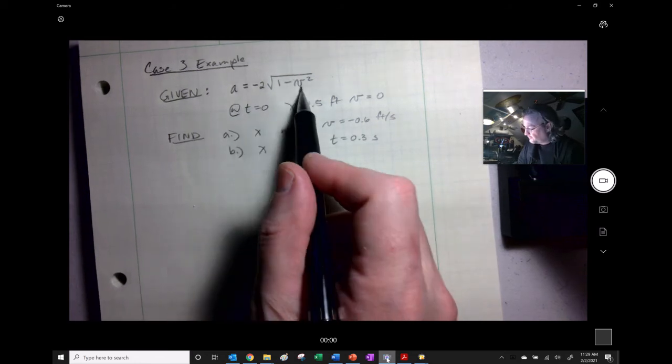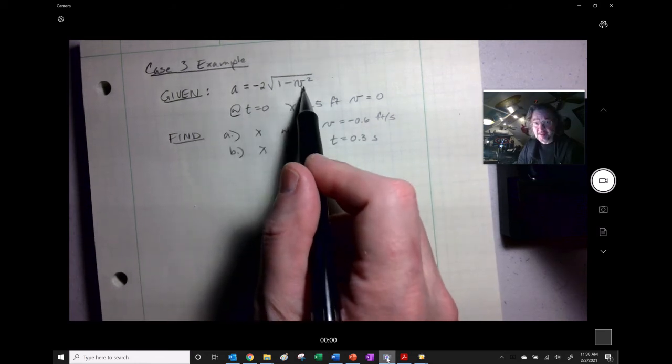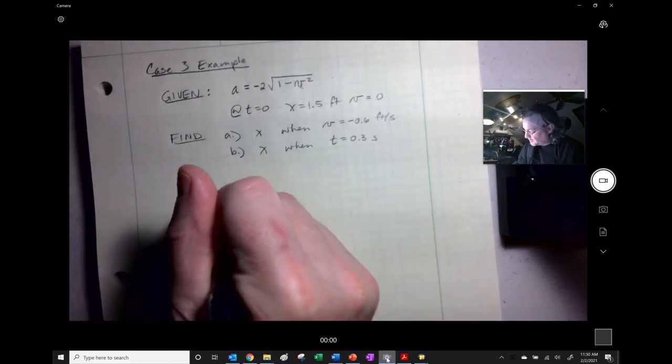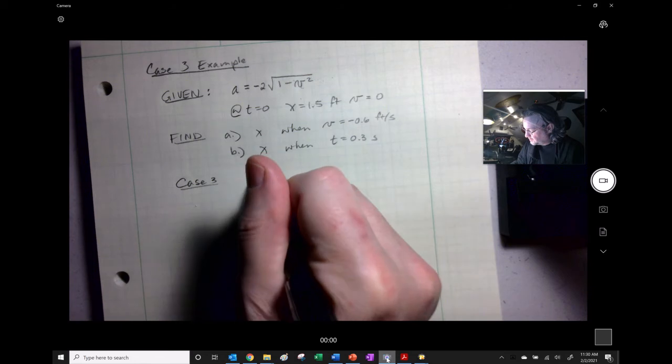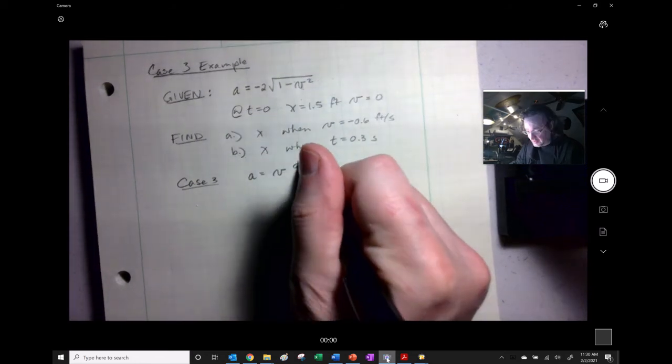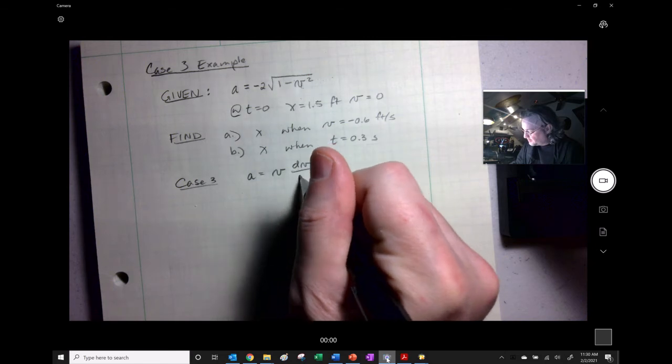So because this is a function of velocity right here, we want to use case 3, right? So case 3 is a equals v dv dx.